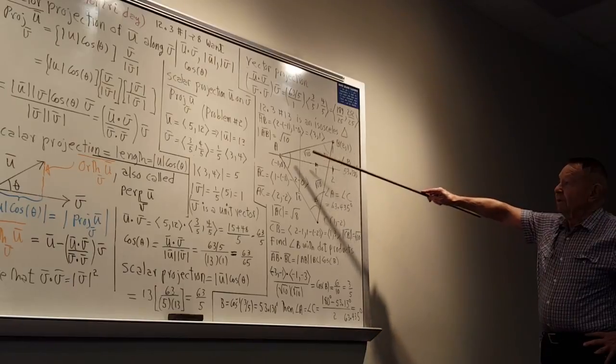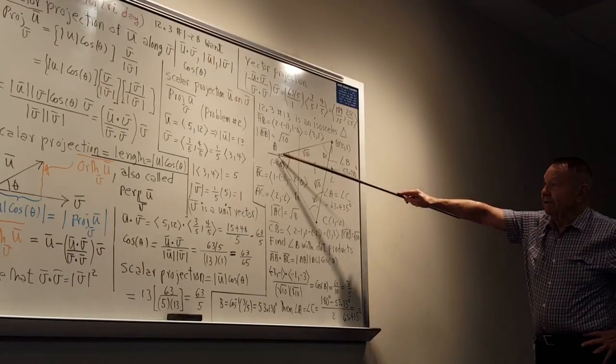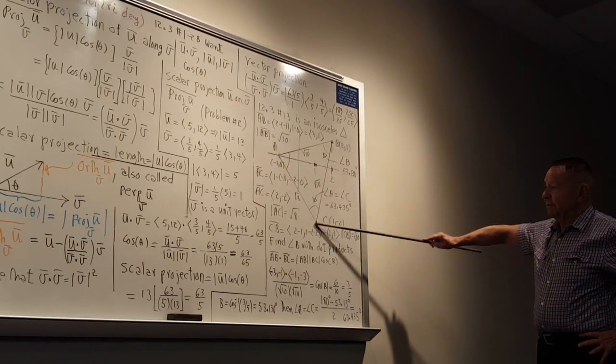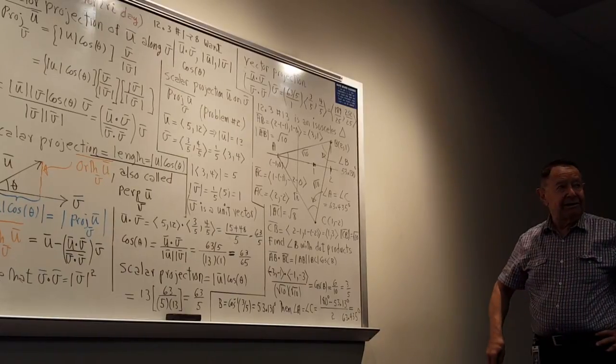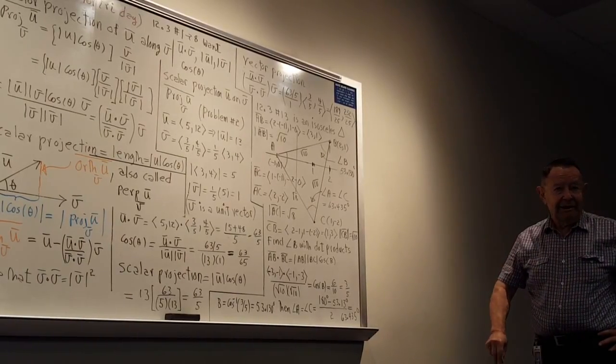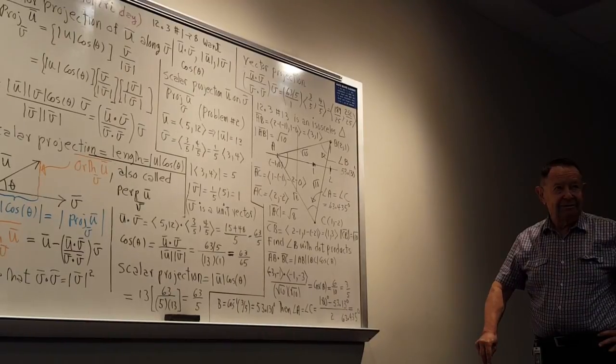So what you have then, since you know the corners, is you know the three sides of the triangle and you don't know the angles.